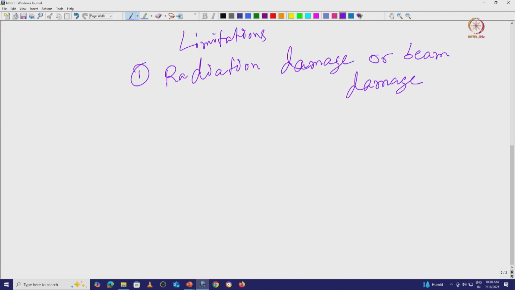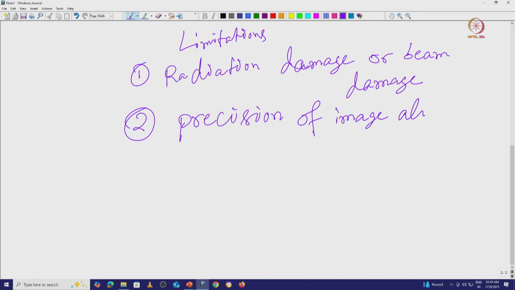Then the second point is image alignment, precision in the image alignment. Precision of image alignment, what does that mean?